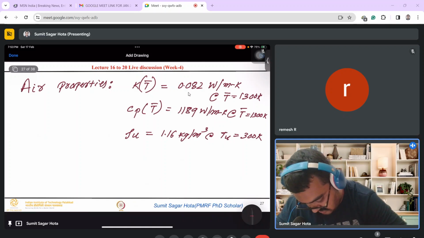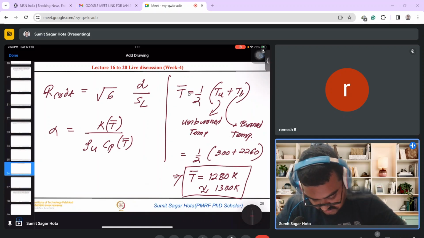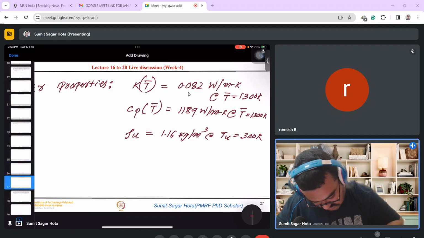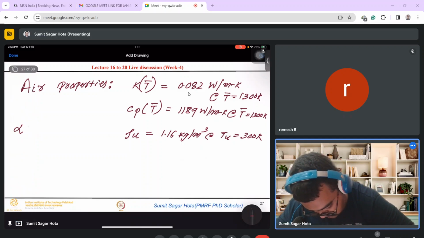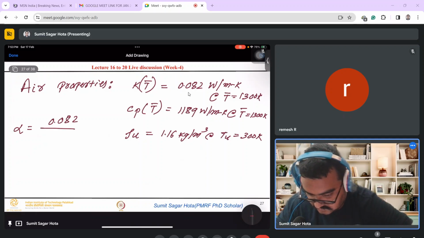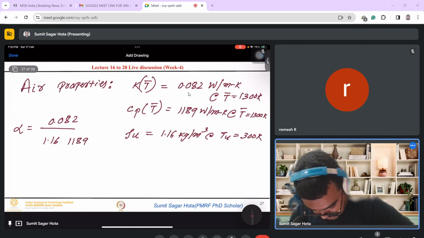If you see the formula of alpha, it's rho_u, meaning unburned, and Cp and K are at T bar. So rho_u at T_u I just taken. So alpha is equal to 0.082 divided by 1.16 times 1189.